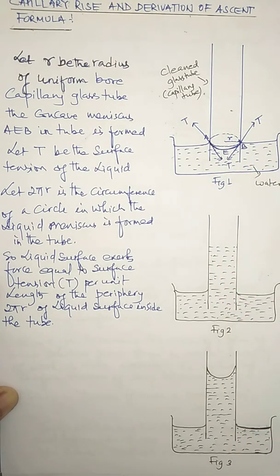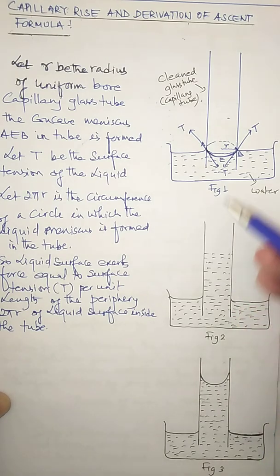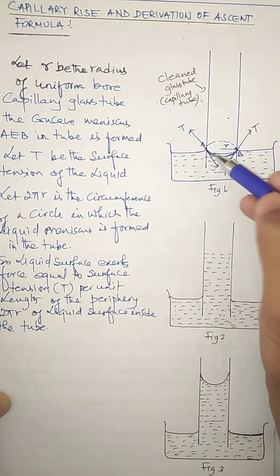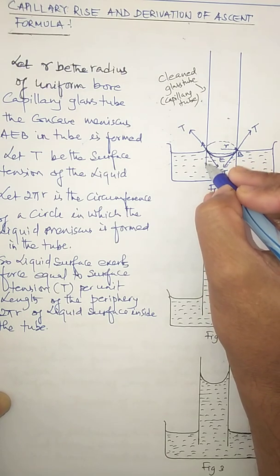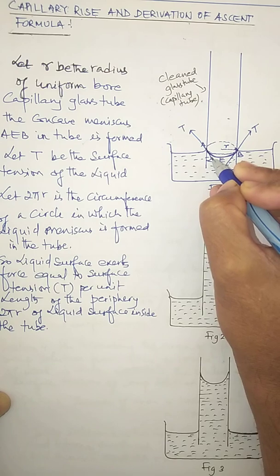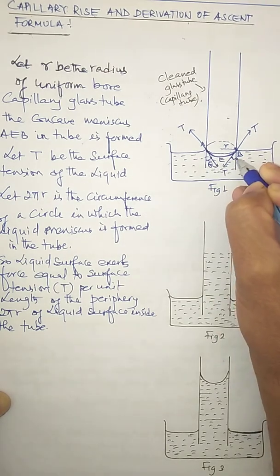Now children, you know that there is an angle of contact which is always formed between the tangent drawn to this glass surface and the tangent drawn to the liquid surface in contact. So this is the tangent drawn. If I draw this as a tangent and this one, then there is an angle which is formed, and this angle is marked by the letter theta, and this angle is also marked by theta.